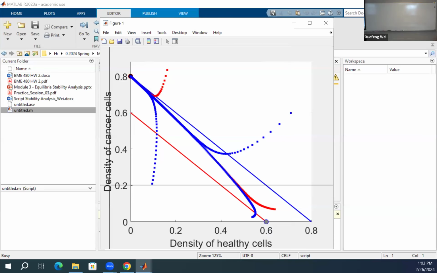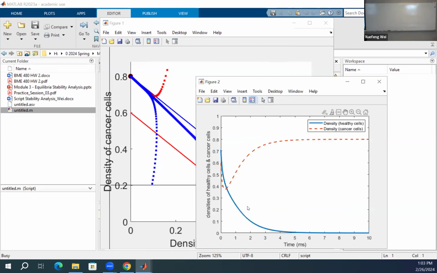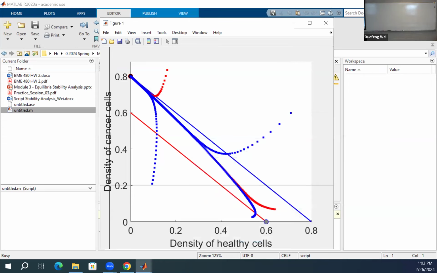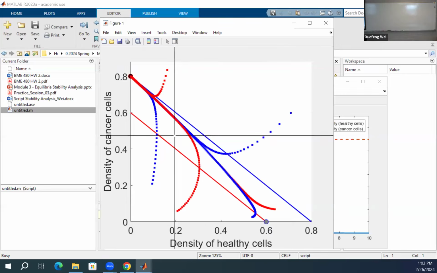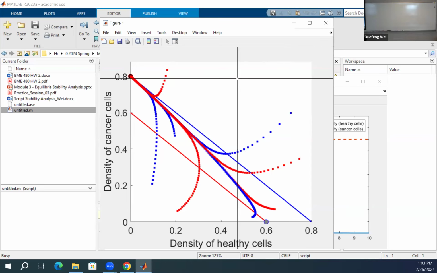So I also have a plot of the cancer cell and how they change with time. Okay, how they change with time. But I'm not going to show this line here. I'm going to provide a few more points. Okay, I think it's pretty good.